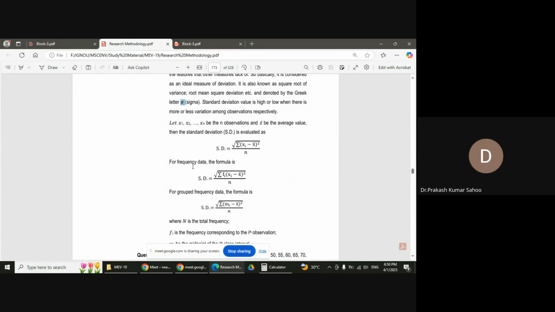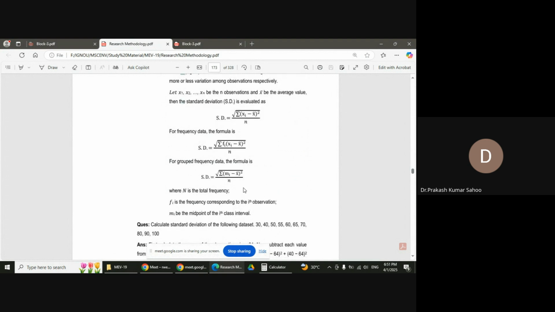If our data has frequencies, then f is multiplied: the square root of the sum of fi (xi minus x bar) squared divided by n. If it is grouped frequency data, then it will be mi minus x bar squared, where mi is the midpoint of the ith class interval.